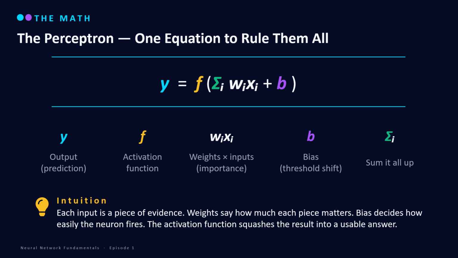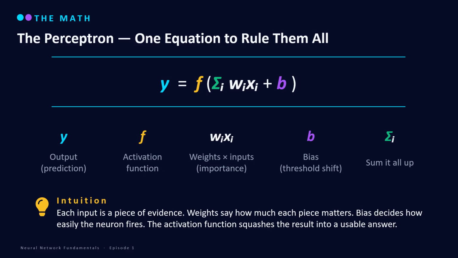That is the sigma symbol. Then we add a bias. Think of that as how easily the neuron gets excited. And finally, f, the activation function, squashes the answer into something useful. That is the whole thing: inputs, weights, sum, bias, and activation. 5 ingredients, 1 equation, the foundation of every AI on earth.